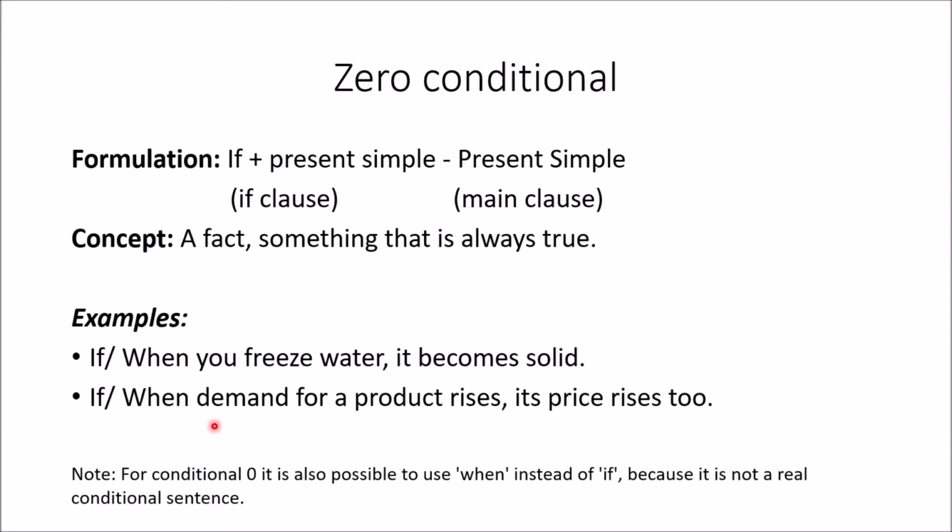When a demand for a product rises, its price rises too. So we need to mention for conditional 0, it is also possible to use when instead of if because it is not a real conditional sentence.